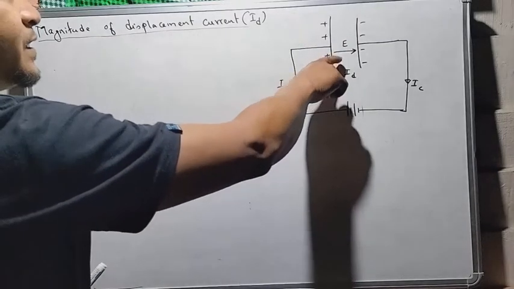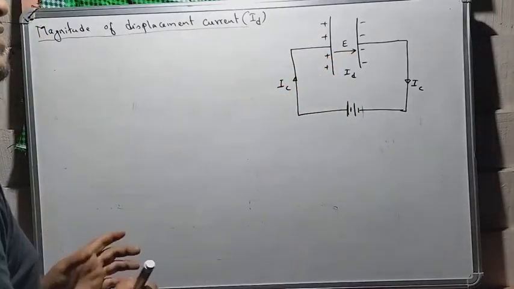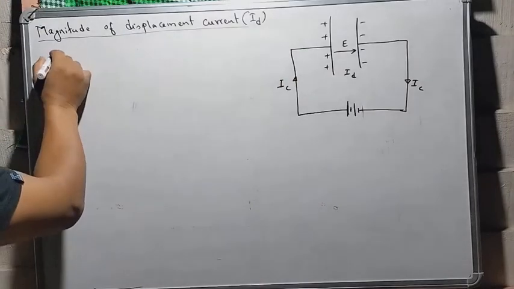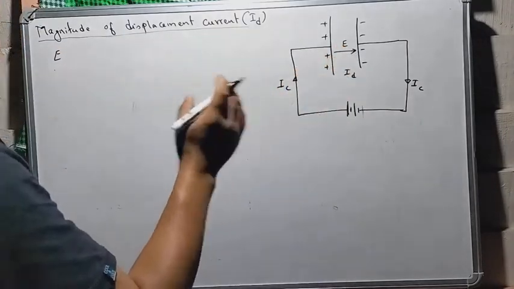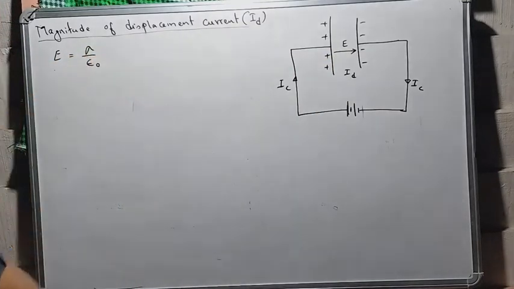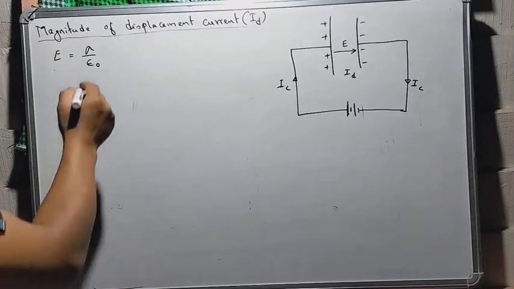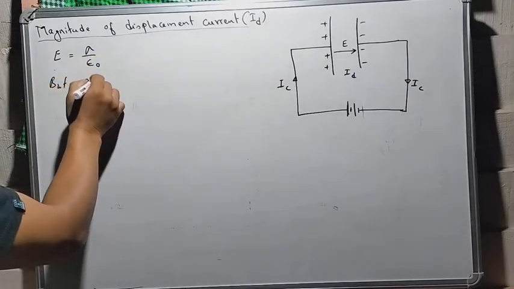If E is the electric field present in the capacitor, then we know that the electric field between the parallel plate capacitor is equal to sigma upon epsilon naught. What is sigma? Sigma is the surface charge density, and epsilon naught is the permittivity of free space. Now, sigma is equal to how much?